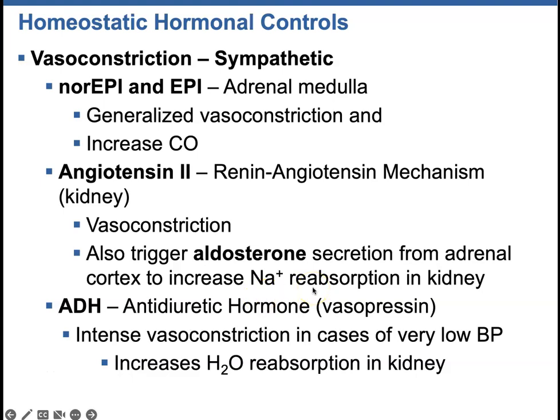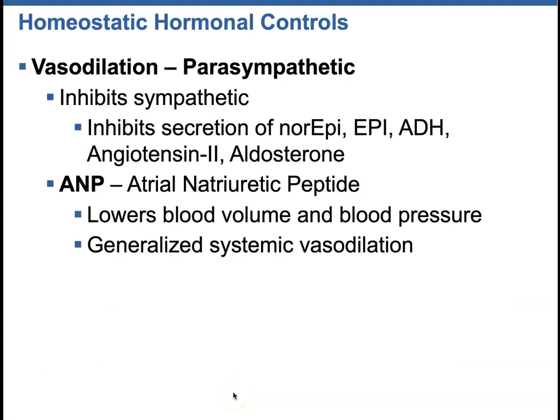And when you reabsorb more sodium, you also absorb more water, so that increases volume. Then ADH, antidiuretic hormone, also is a generalized vasoconstrictor, increases pressure, and increases water reabsorption. So all of these together are working to increase blood pressure.